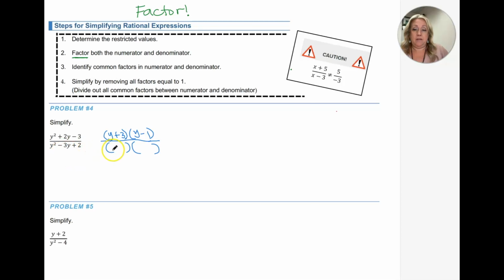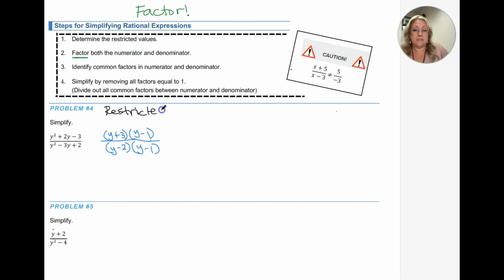On the bottom, y times y gives me the y squared. What times what is 2 that adds to be negative 3? That would be negative 2 and negative 1. So now that it's in this factored form, I can see what those restricted values might be. So let's list those here. So remember, it's the values that are going to make the denominator 0.